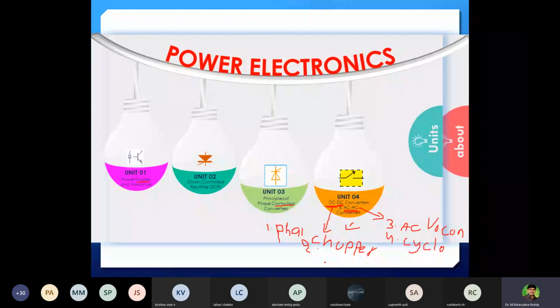In the normal case, variation of frequency is complicated, but by using a cycloconverter, frequency is also possible to vary, and that is given to a machine like an induction motor or a synchronous machine. If I change the frequency, speed is also going to be controlled.